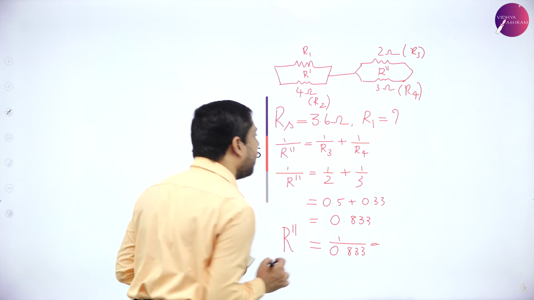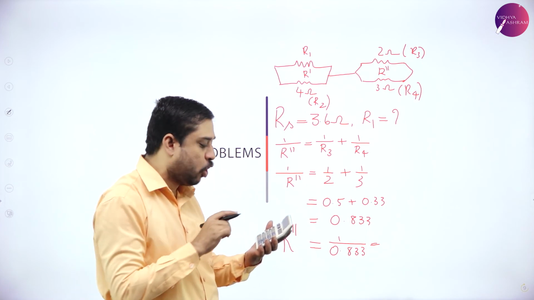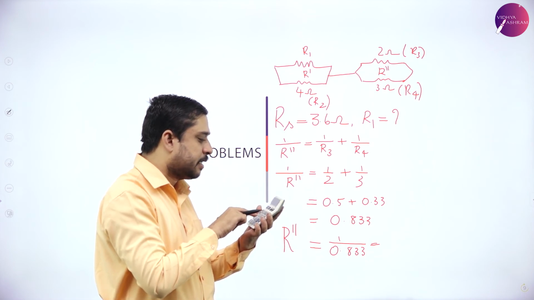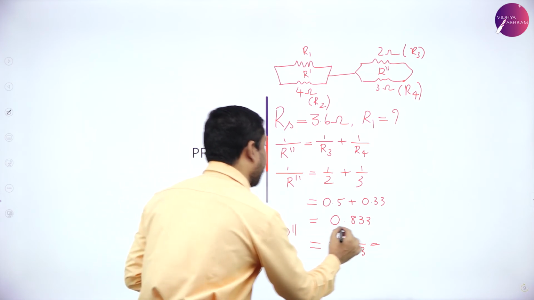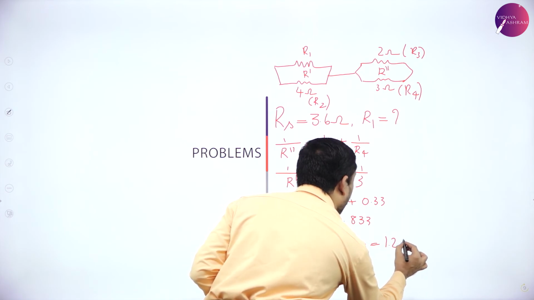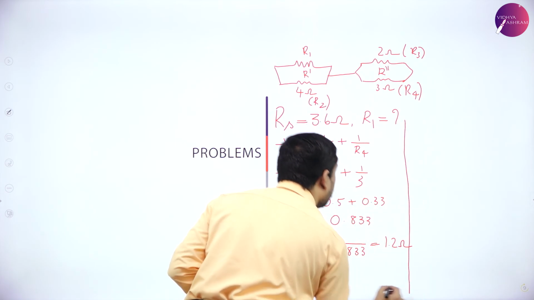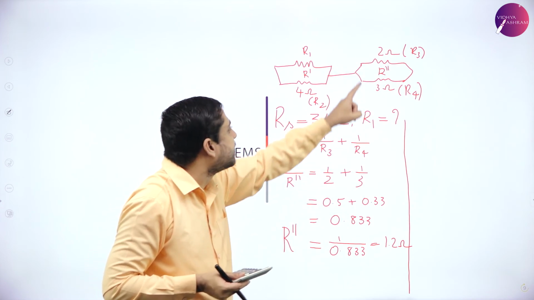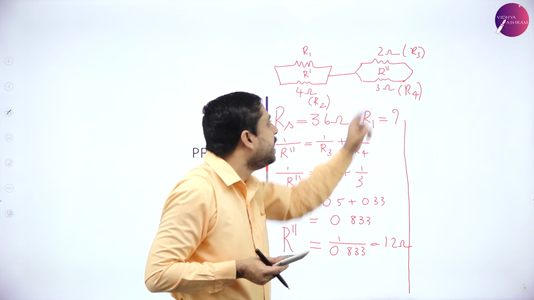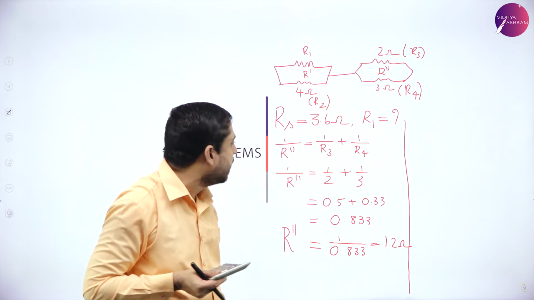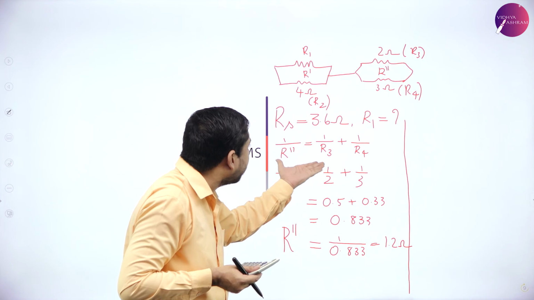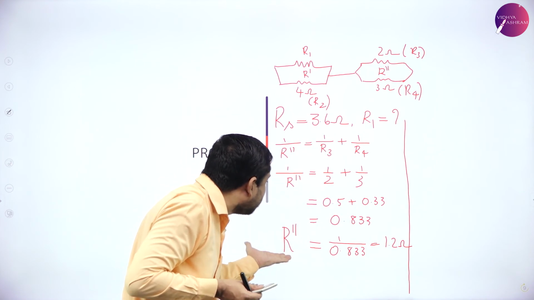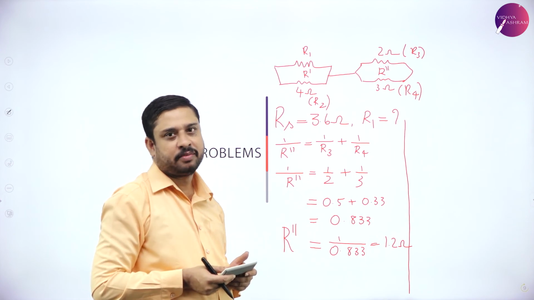Please remember this. 1 divided by 0.833 will give me 1.2 ohms. So I have calculated the effective resistance R double dash for this combination. Very simple: take 1 by R3 plus 1 by R4, and the reciprocal of this is R double dash.